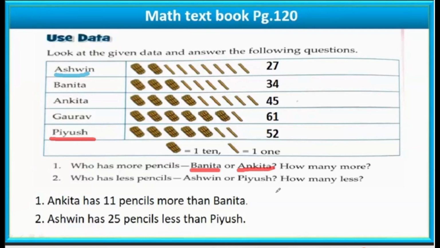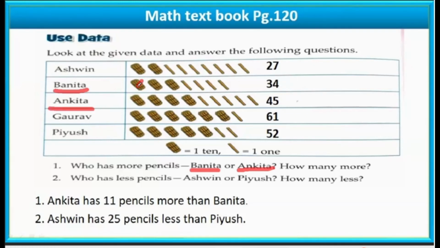So 1 will be the answer for one's place. And 4 in our mind, 3 in our finger. Before 4, 3, 2, 1. So we have got the answer as 11. So 11 pencils Ankita has more than Banita.